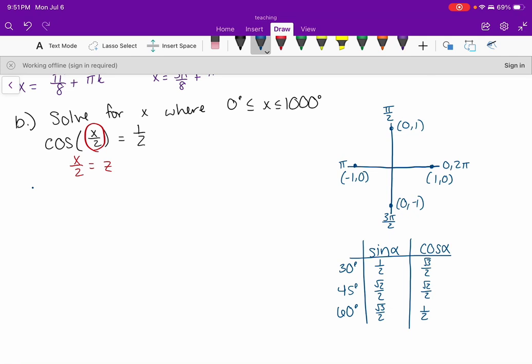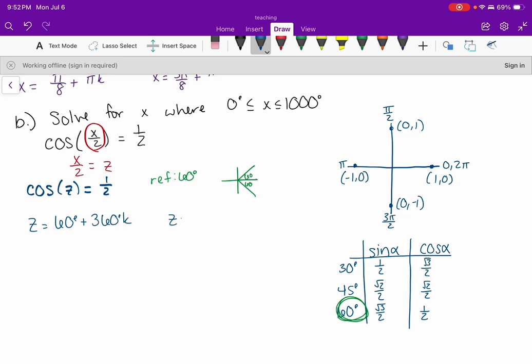So now I have cosine z equals 1/2. So my reference, cosine is 1/2 at 60 degrees. My reference is 60, and cosine is positive, since it's a positive 1/2, in quadrants 1 and 4. So the quadrant 1 answer is just going to still be 60, so I'll have z equals 60 degrees plus 360 degrees k.